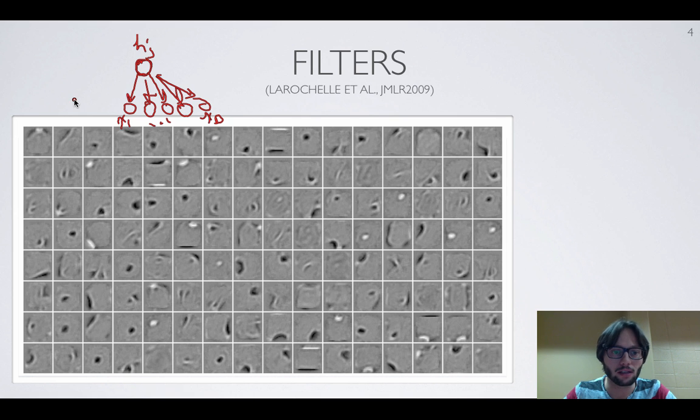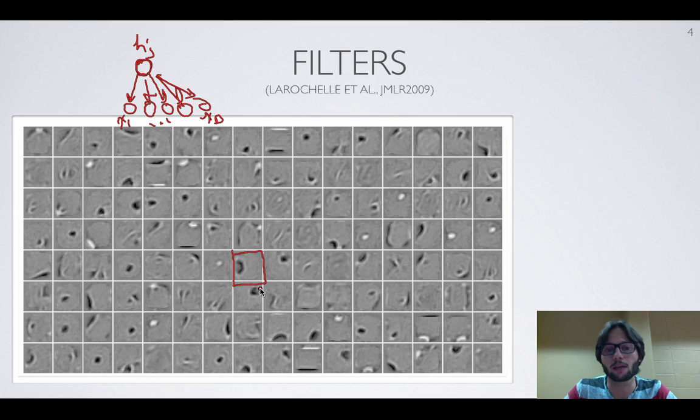Because x is an image, I can take that vector of connections and reshape it into an image in order to visualize it. Each square here corresponds to one hidden unit, and the intensity of the pixel says something about the value of the connection between that hidden unit and the pixel at the same position in the original image.